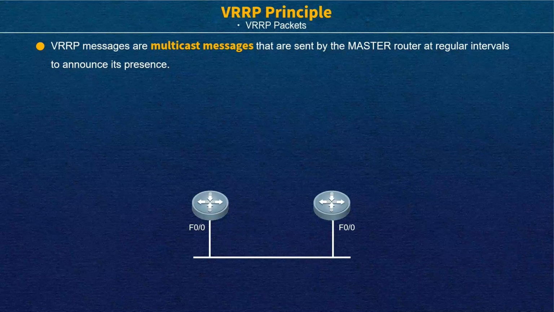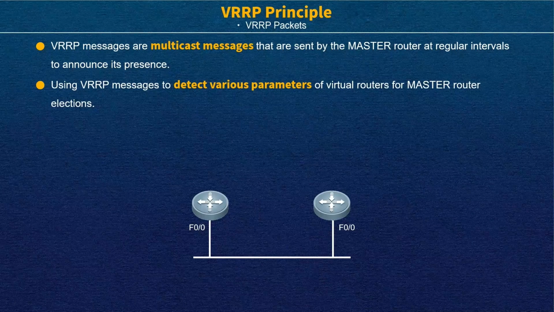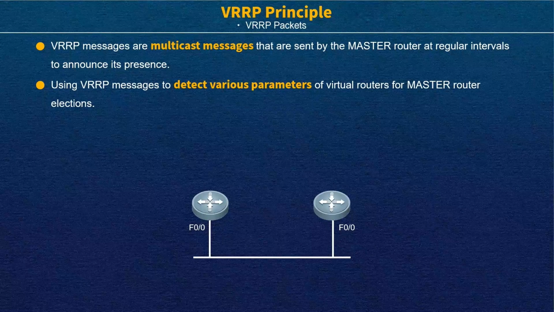The VRRP message is only sent by the master router at regular intervals. We also use this message to detect the master. First, we have to select the roles, right? Who is the master, who is the backup. And we also use this message to detect whether the master is working or not.